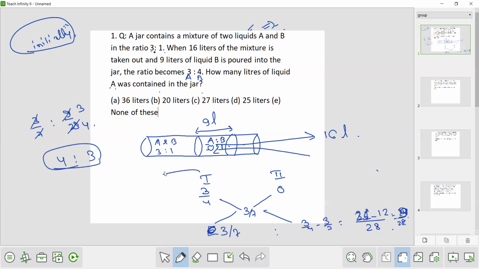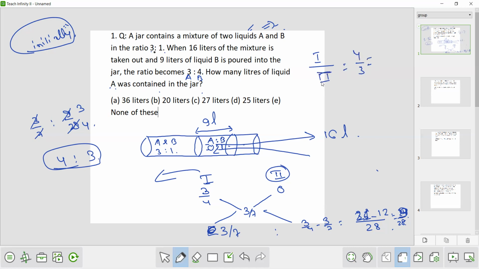So mixture 1, which has the liquids A and B in the ratio 3 is to 1, and mixture 2, which has only liquid B, are in the ratio 4 is to 3. So mixture 1 upon mixture 2 is in the ratio 4 is to 3.